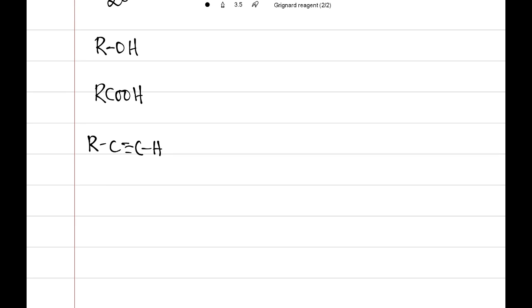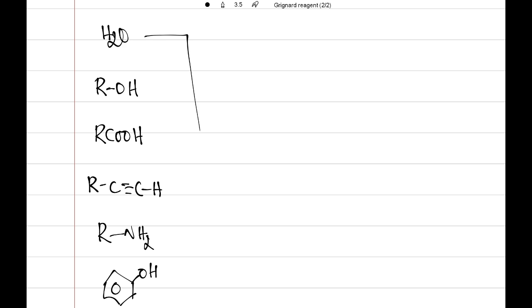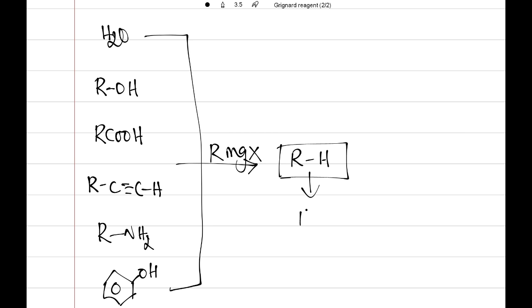Next RNH2, next phenol also, which has an acidic proton. With all of these, when you react with the Grignard reagent, I am simply taking RMgX, we get RH here. This is nothing but the hydrocarbon.